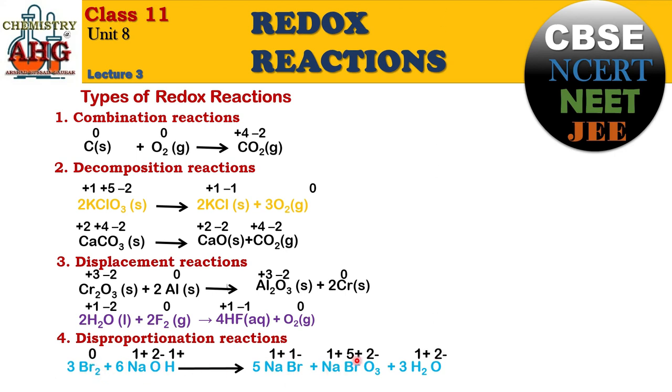Bromine has been oxidized, and at the same time bromine has been reduced from 0 to -1. So what you can remember is that in a disproportionation reaction, the same element undergoes oxidation as well as reduction. Now this is all about the different types of redox reactions.